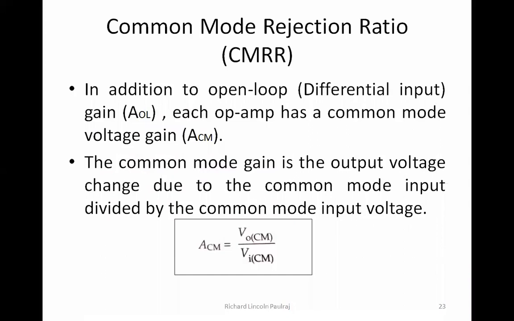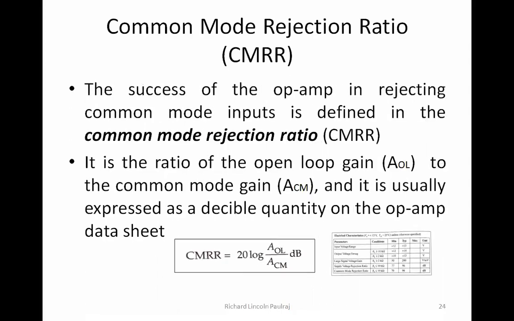And we also saw the formula for common mode gain, which is output by input in the common mode format. What is this common mode format? Having the bases connected to the same voltages.